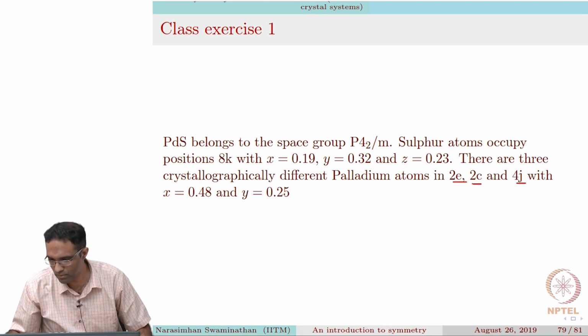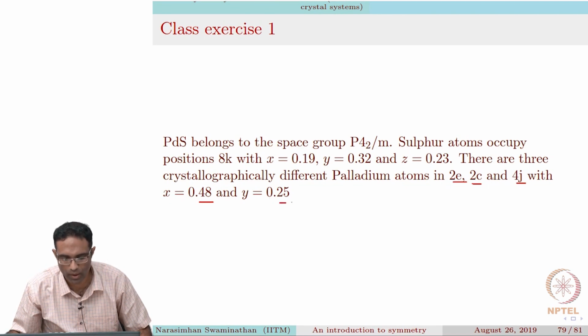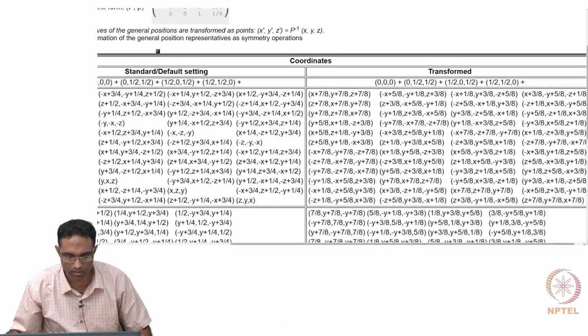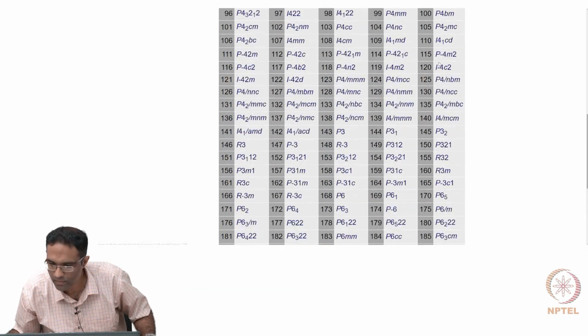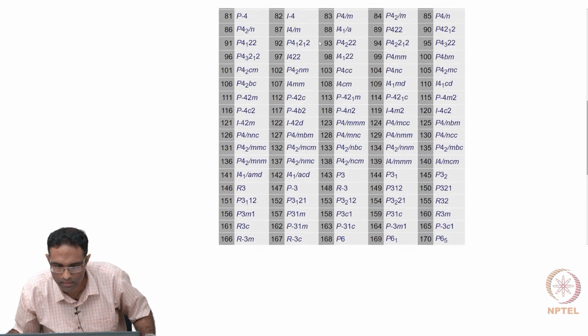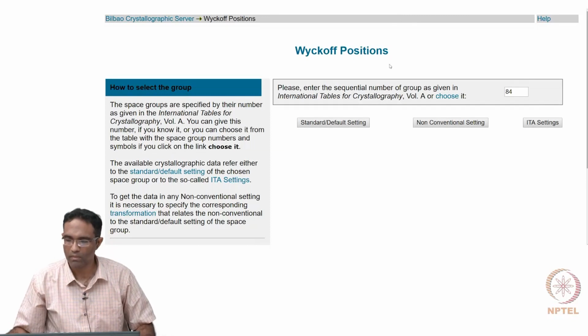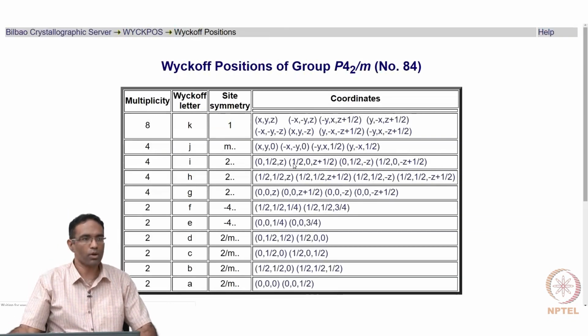Once you specify 4j, you also have to give the corresponding fractional x and fractional y coordinate. So we go to our crystallographic web page, P4_2/m, 84, right? Standard or default setting.